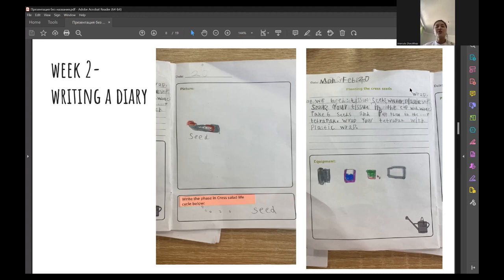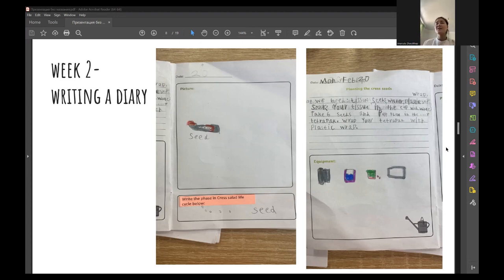So we need tissue, seeds, water, plastic. Take the tissue, put it in the cup, and then put some water in the cup. So take 6 seeds, because I told them to take 6 seeds.